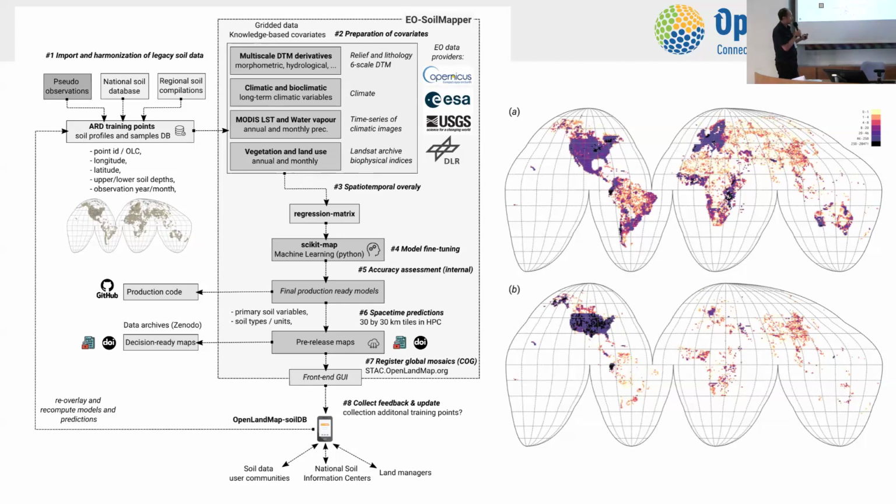It's quite computational. It takes almost 10 or 14 days of computing, full capacity. So I'm talking about maybe 500,000 CPU hours of computing. So it's a serious task. And in the end, we produce the OpenLandMap SolDB.